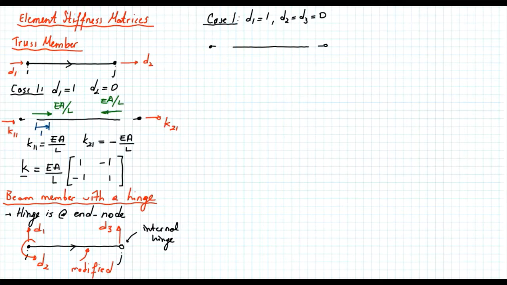Let's show the forces. So I apply K11, that will create a unit translation. I have to have K21 here to keep the rotation equal to 0. K31 to keep the translation equal to 0. So I got only 3 coefficients here.